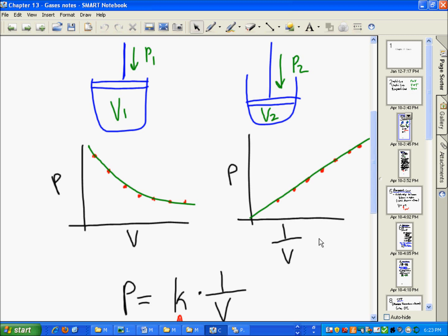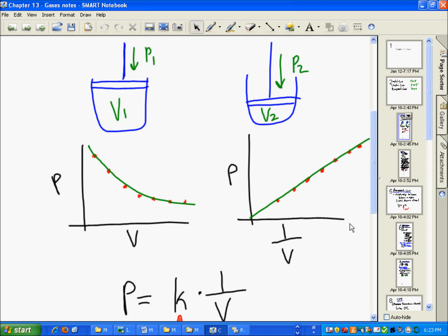So as the volume goes up, 1 over the volume goes down, and the pressure goes down. So pressure and volume are oppositely related. As the volume goes down, 1 over V will go up.